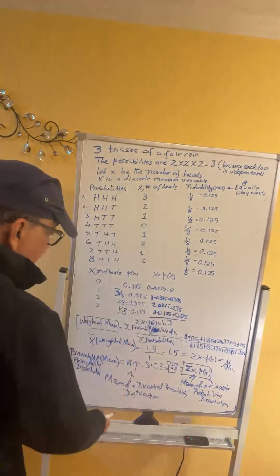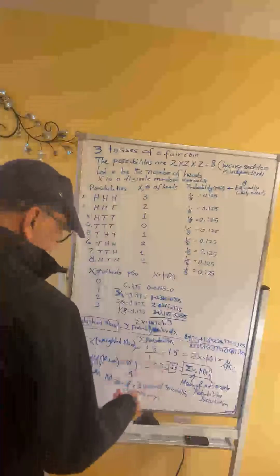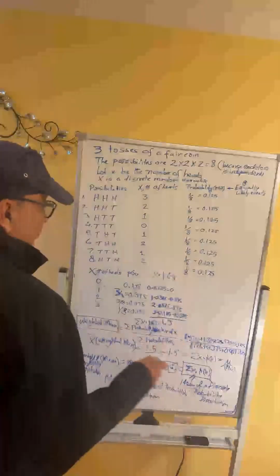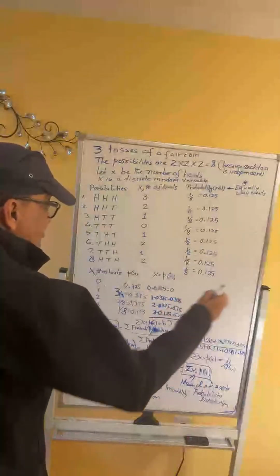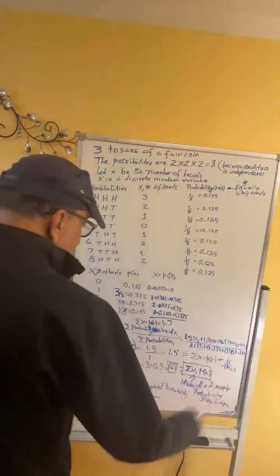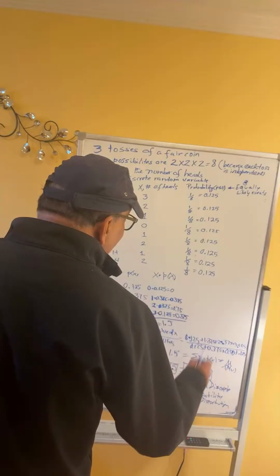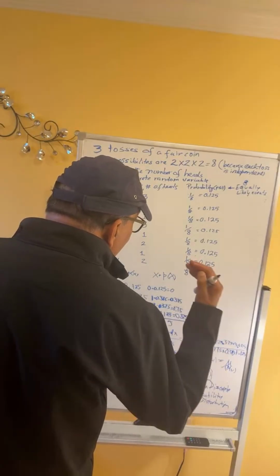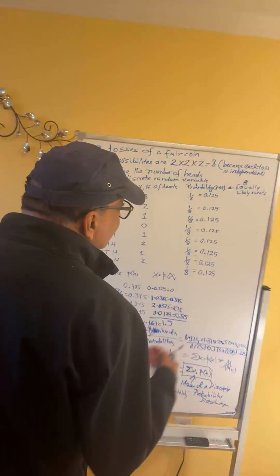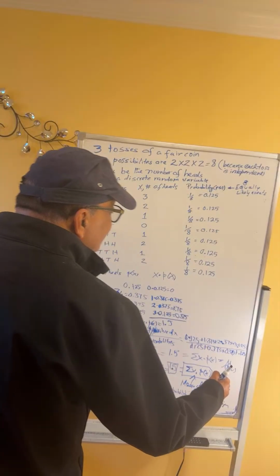So the binomial mean is n times p. 1.5 is the same as the sum of the probabilities times the value of x divided by the sum of the probabilities, which is 1. This is the formula for the mean of a discrete probability distribution, and the binomial distribution is a discrete probability distribution.